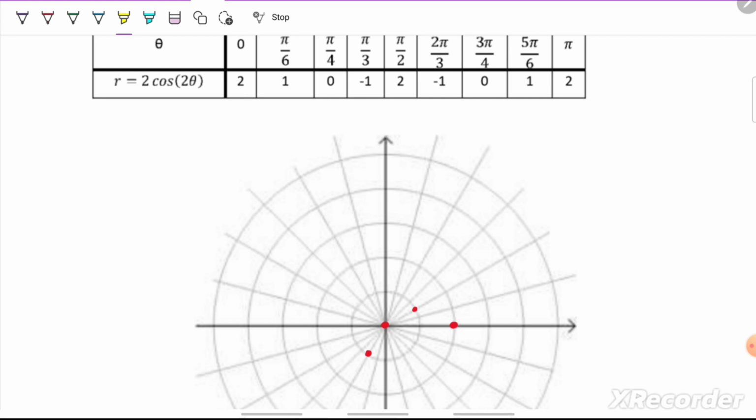Next up, we have pi over 2. We're going out 2 rings. At 2 pi over 3, again, we have a negative 1, so we're actually going to go in the opposite direction, 1 ring.